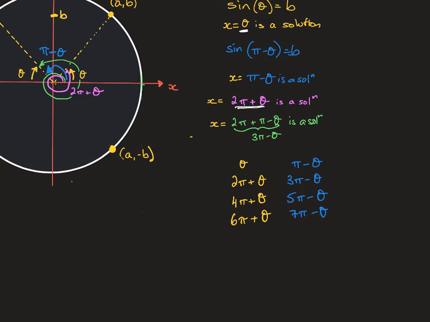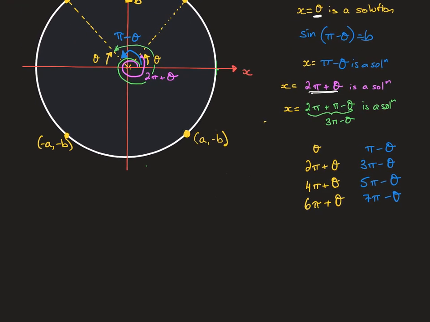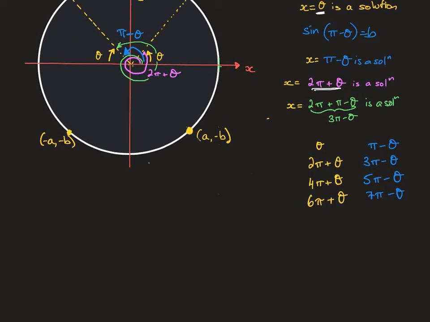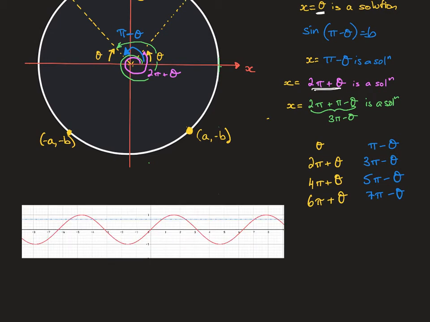Another way to think about these solutions and adding 2 pi to them is to think about it in terms of the graph of the function. I'm going to draw a graph over here and show you how the points are linked together.